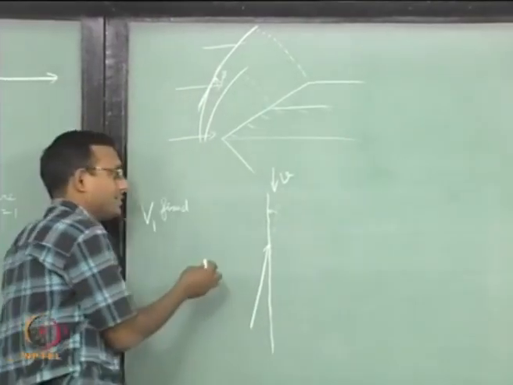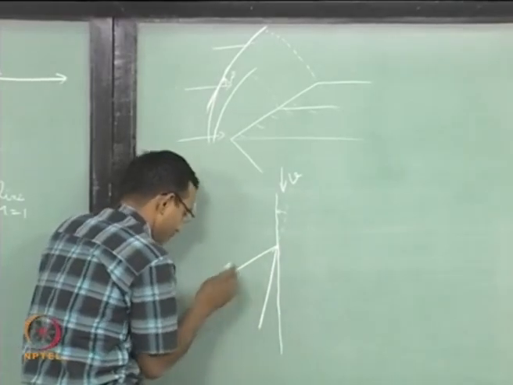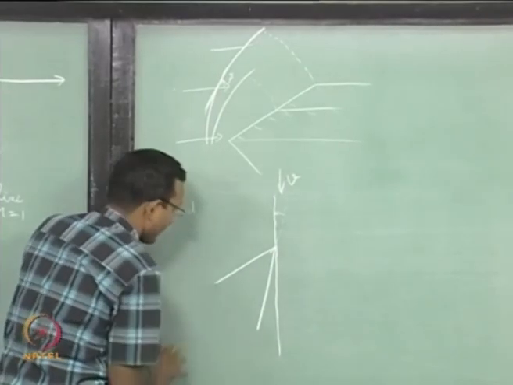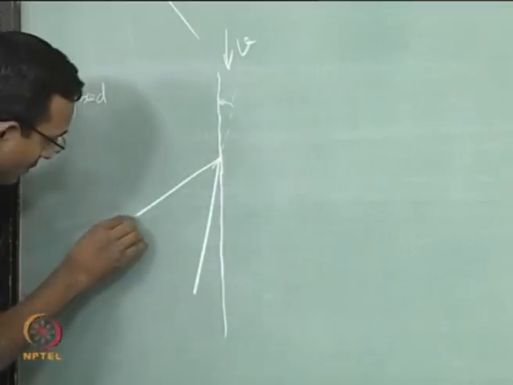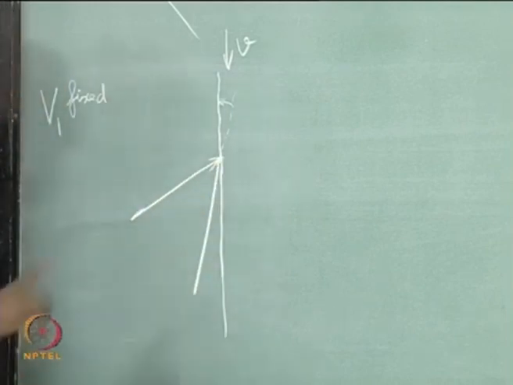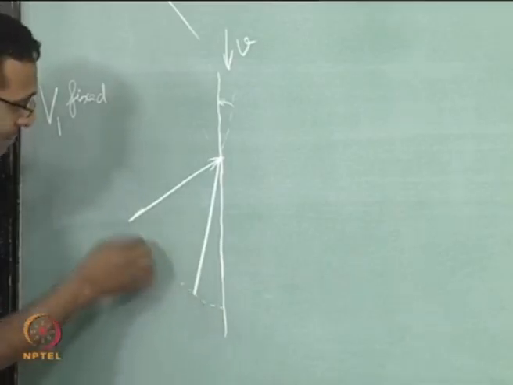The other possibilities will be that the vector can be here. Oh, I have to draw the vector the other way. This can be my vector and I have to make sure that the lengths are the same. So I will draw a circle along this with that as center.